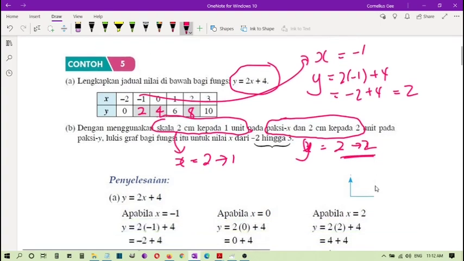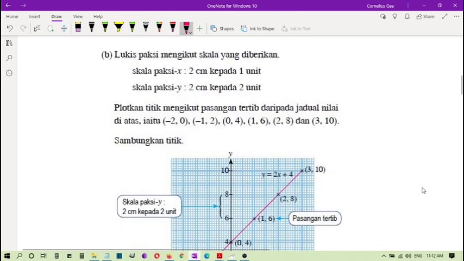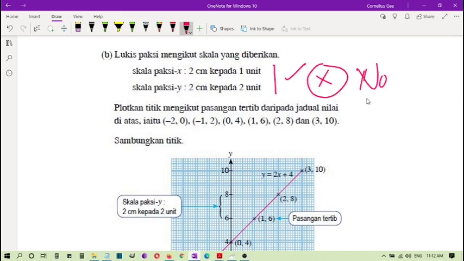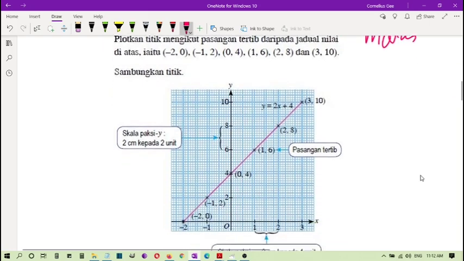So let's look at the drawing. Here they still repeat it. Very important, because don't get this wrong. If you get this wrong, it means no marks. Okay. So with the table and the scale, we draw and put the scale here.